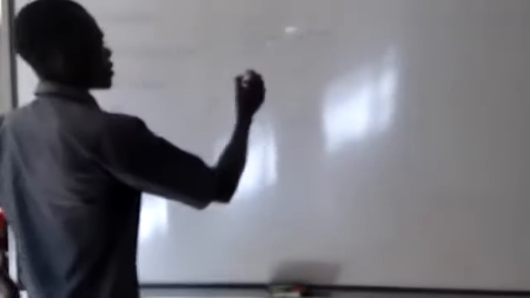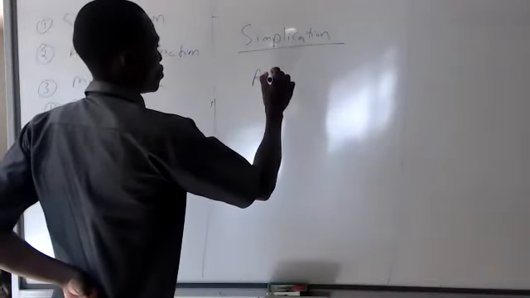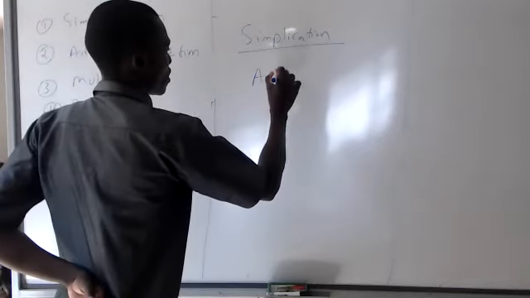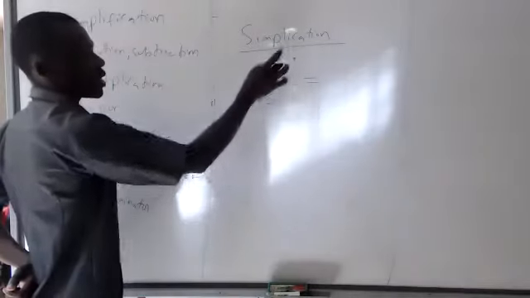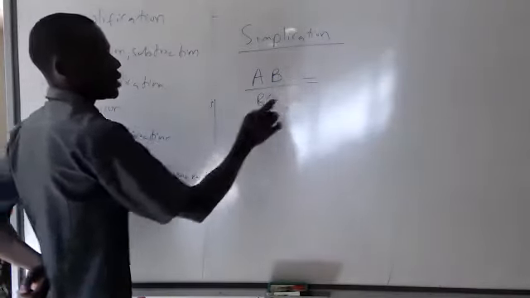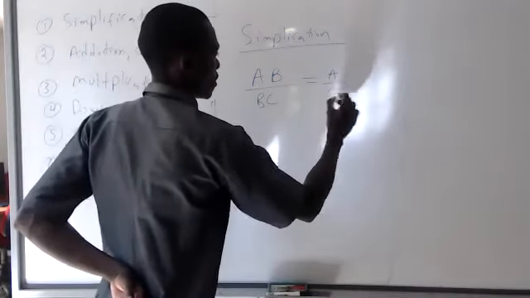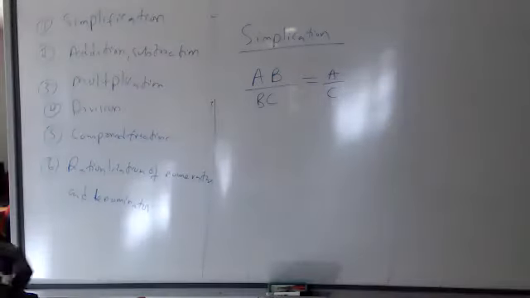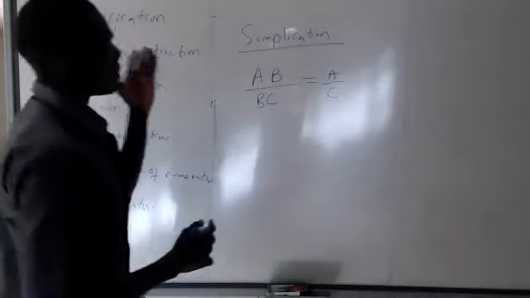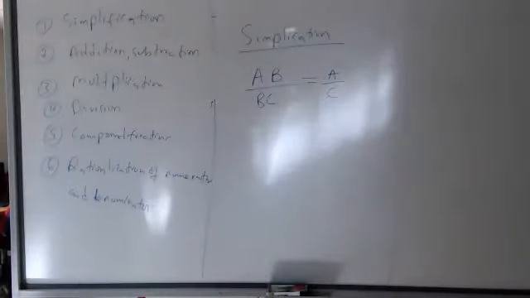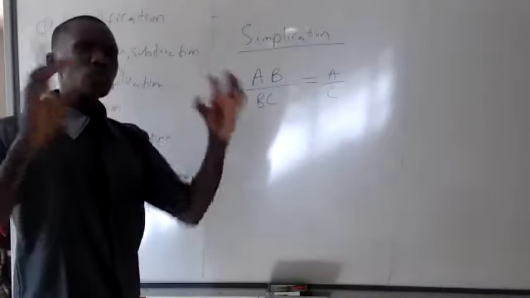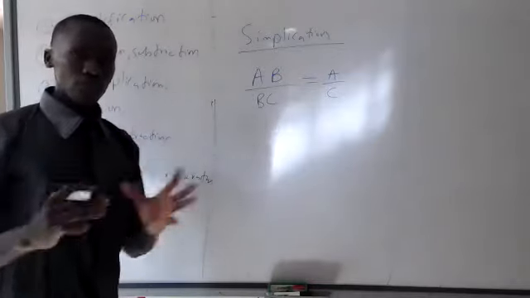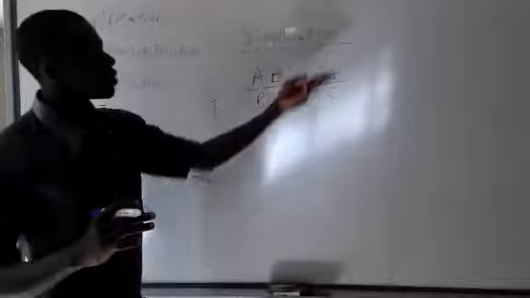So simplification, for example: we want to use the property of fractions that if you have AB divided by BC, then you just cancel out the common term, which is B in this case, and you get A divided by C. So when simplifying these rational expressions, you want to write them in the lowest terms, so you want to have irreducible polynomials, polynomials which cannot be factored further.